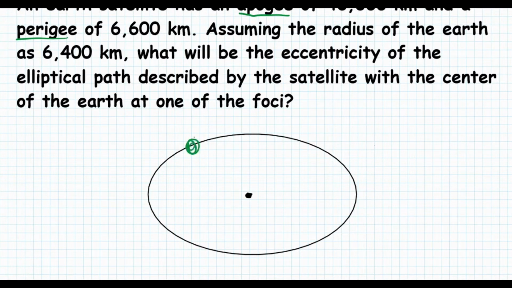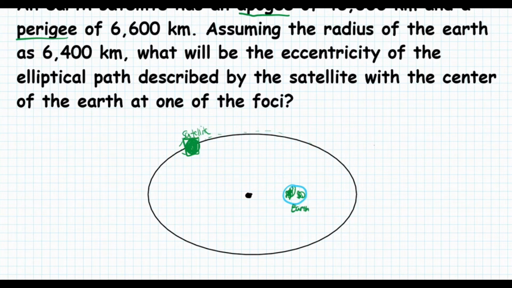Hindi po ako marunong mag-drawing, kaya isipin nyo, satellite yan. Kung ito yung center niya, ito yung satellite, nagre-revolve siya ng ganyan, pa-ellipse. Tapos, sabihin natin, andito naman po si Earth mo.